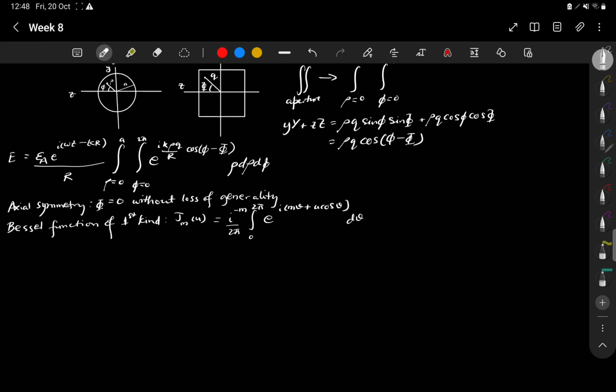Which for m equal to 0 becomes the 0th order. So for m equals 0, this reduces to the following, and also some recurrence relations are there for these Bessel functions.